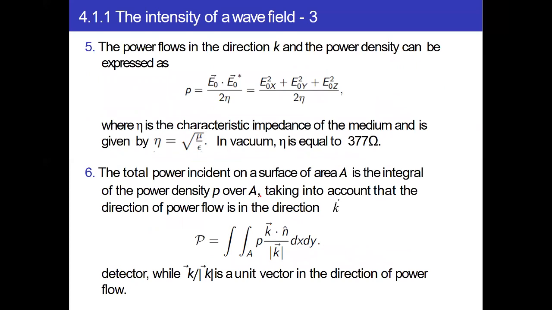Power flows in the direction k, and the power density, as I said, is E squared, okay?